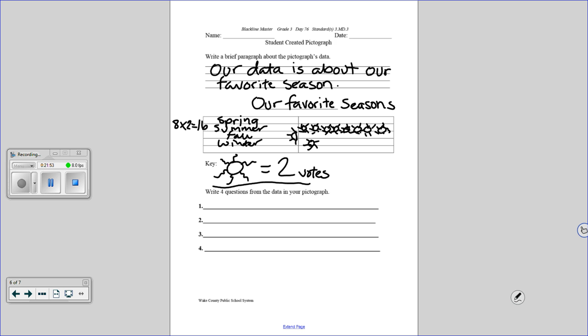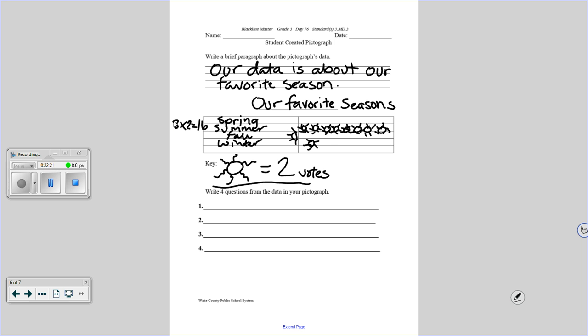If I have half a sun, I have half of my 2 votes. Well, what is half of 2 votes? Maddie? 1. If I have half of 2, that's just 1 vote. So I'm going to draw half of a sun.